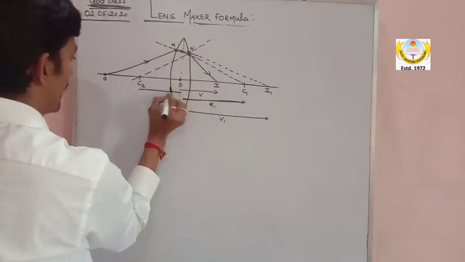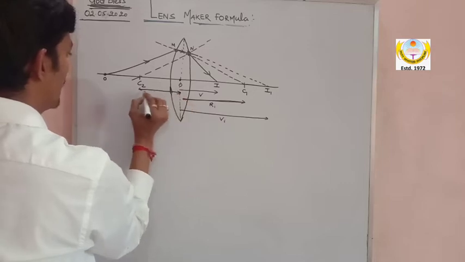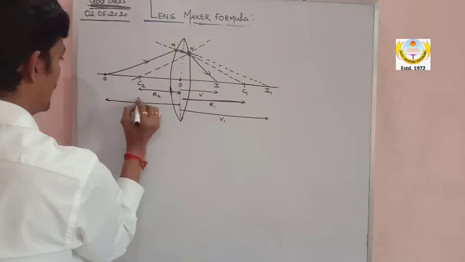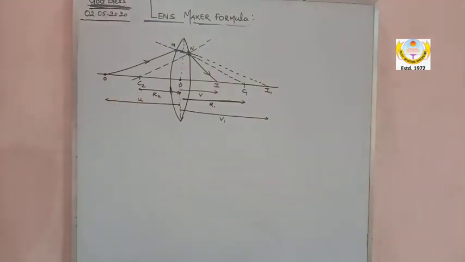Distance from here to here is R2, and the distance from here to here is U. So this is the diagram, my dear. Whenever you draw the diagram for the combined diagram, you can say. So this is the combined diagram, my dear, for the double convex lens or lens maker formula.